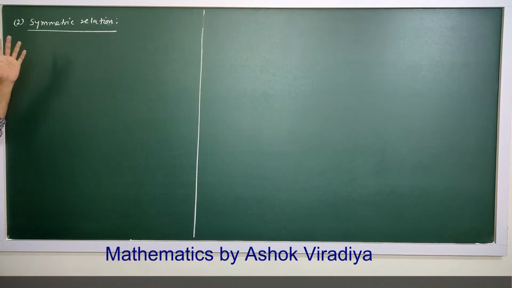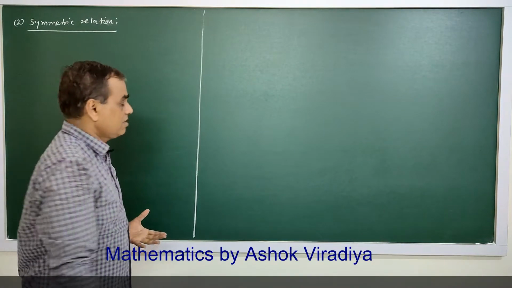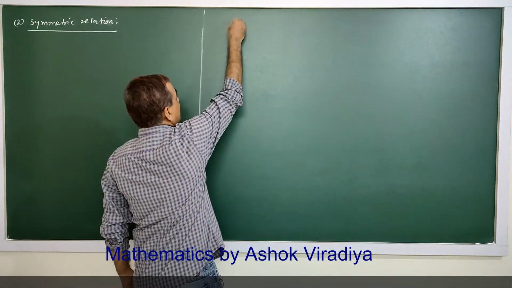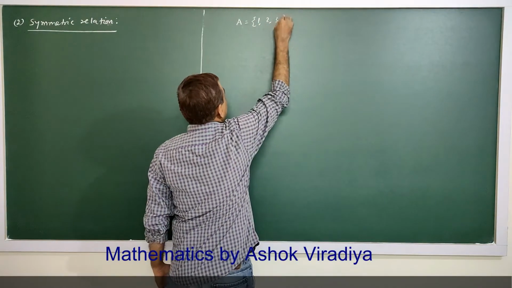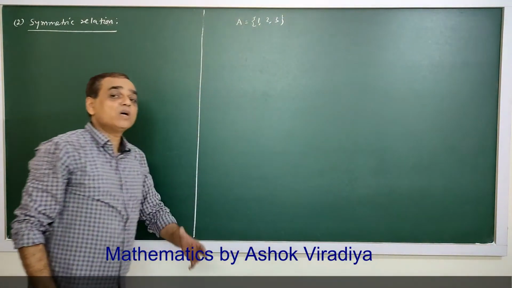Second type, a symmetric relation. To understand this word, again I am taking same example. Let me take A, we are taking same set A containing 1, 2, 3.